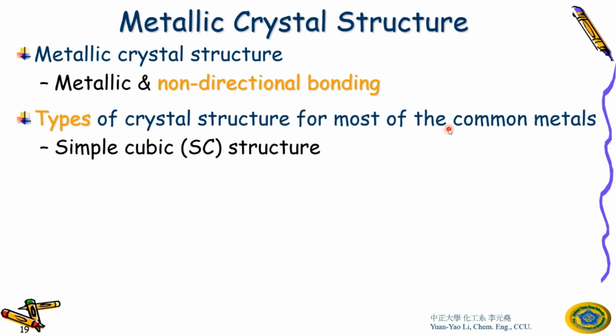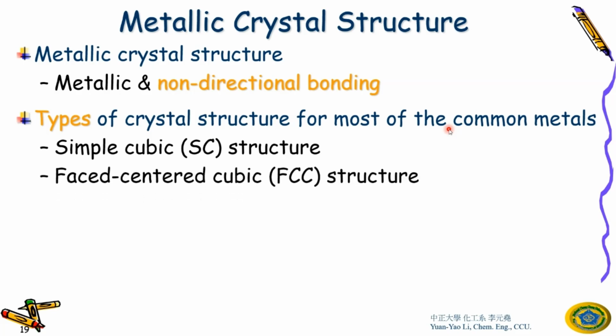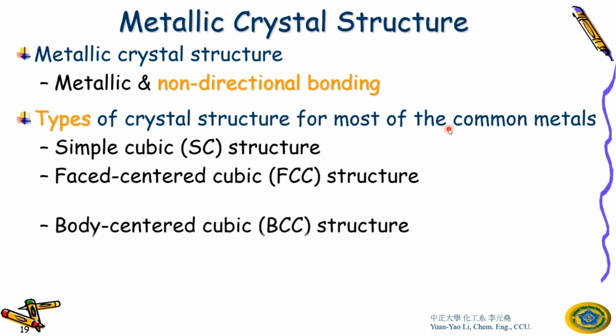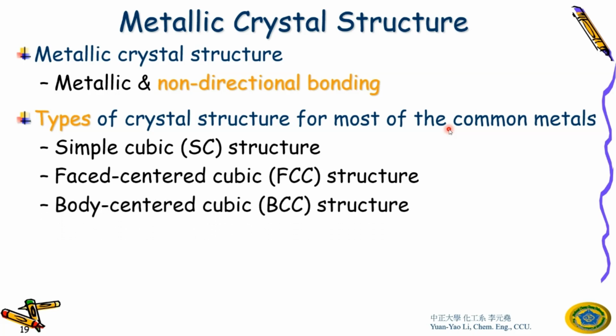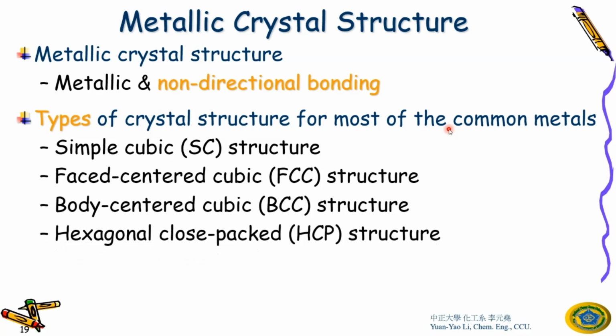The first one is called simple cubic structure. We use SC for short. The second one is face centered cubic structure. The third one is body centered cubic structure. And the fourth one is hexagonal close pack structure. We use FCC for face centered cubic, BCC for body centered cubic, and HCP for hexagonal close pack.